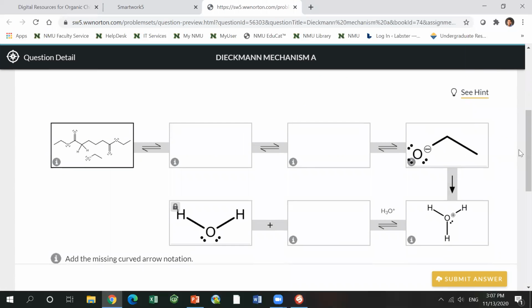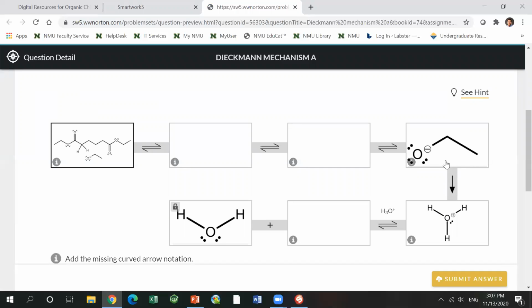For the Dieckmann condensation, the big problem is that this question didn't provide much of a hint, so you don't know what's going on. But the most important thing is that this goes here, which means some rule applies in the reaction, most likely a base.